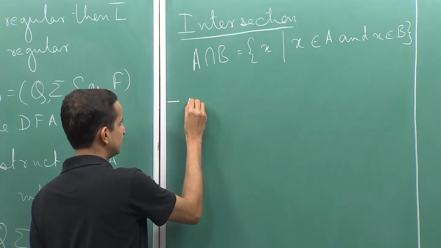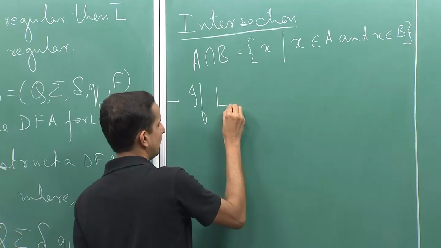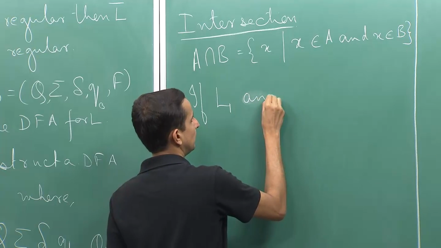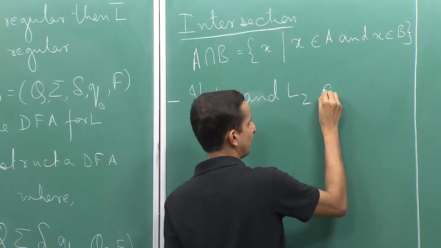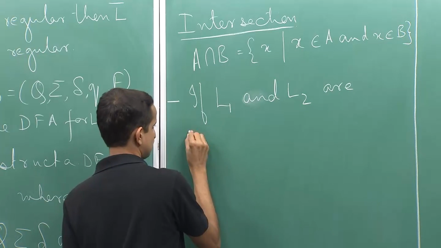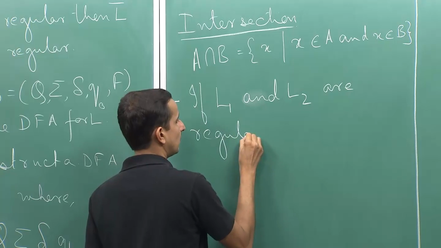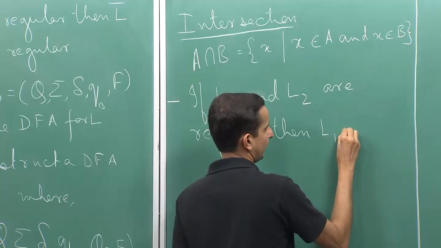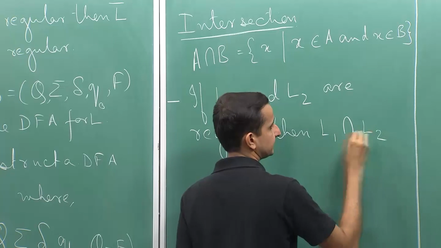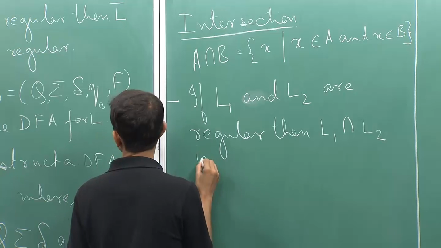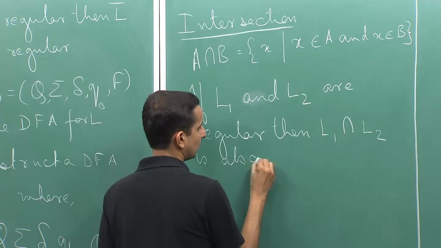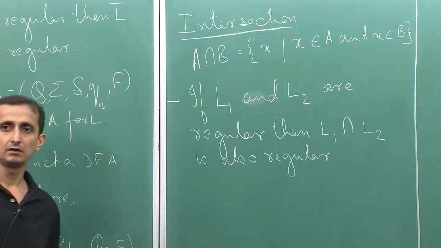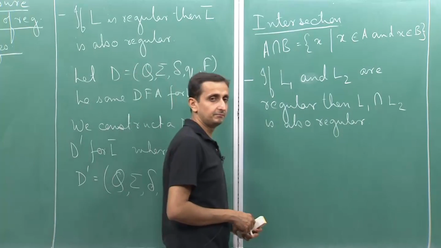So, what we will show is if L1 and L2 are regular, then L1 intersection L2 is also regular. So, how do we prove this statement?